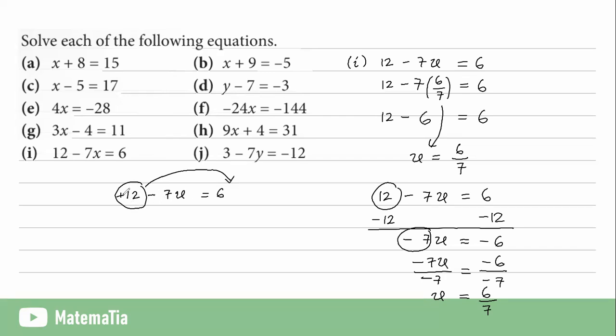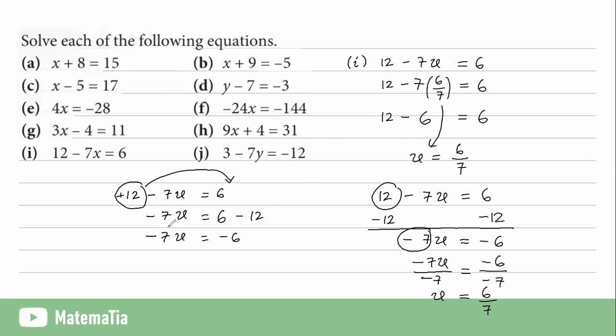Because this one is like add 12, if we move it to the right-hand side of the equation, it will be minus. So write negative 7x equals 6 minus 12. So negative 7x is equal to 6 minus 12, which is negative 6.